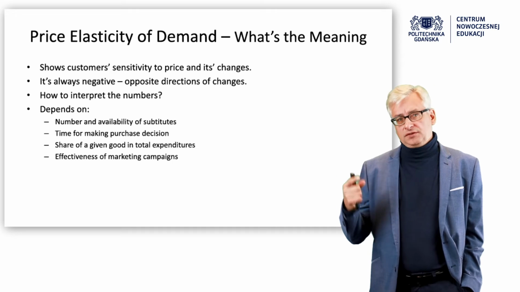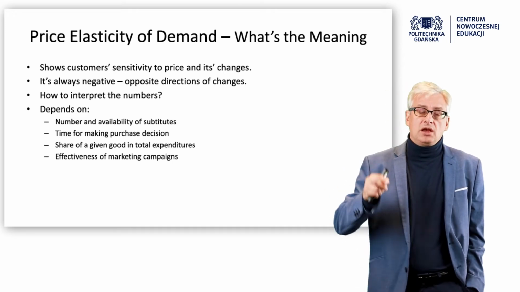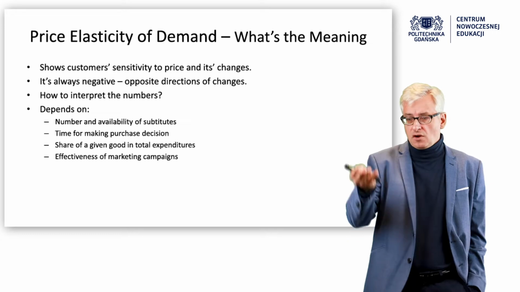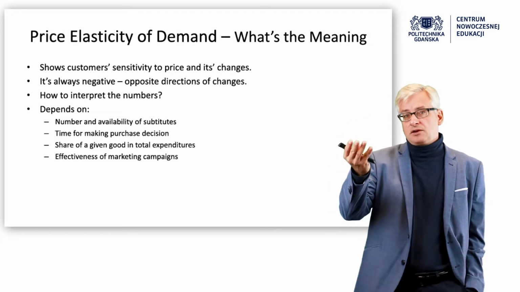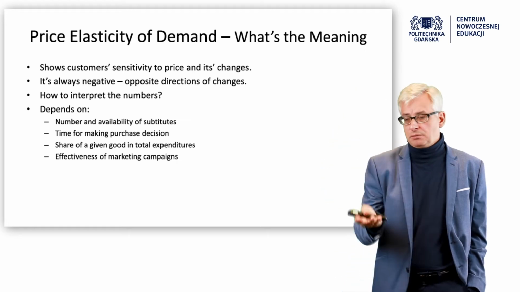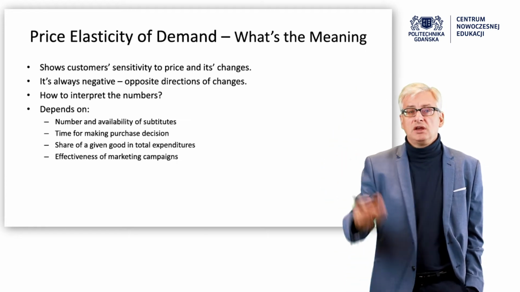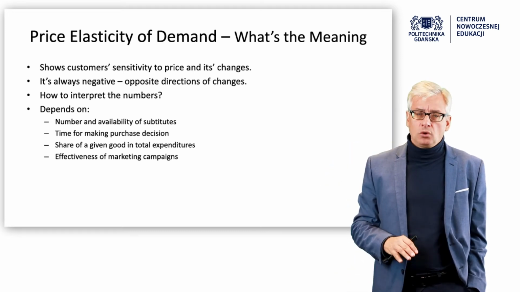This is because of the fact that there are opposite direction of changes. I mean, when the market price grows, then law of demand would suggest that higher prices would mean lower quantity demanded. So the positive change in the price is accompanied by the negative change in quantity demanded.